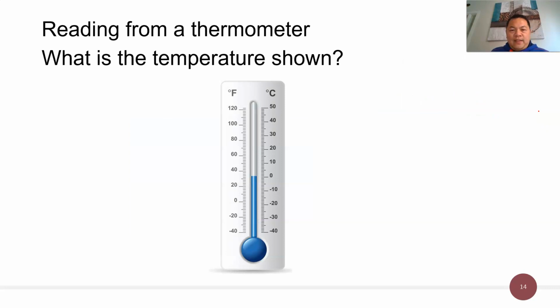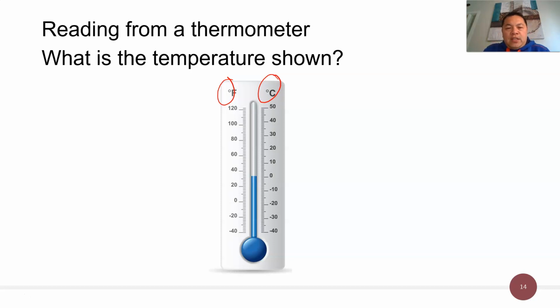Okay, thermometer. Interesting. Can someone tell me what's the difference between Fahrenheit and degrees Celsius? Well, it's basically just a measurement for temperature. In places like America, they actually use Fahrenheit more than degrees Celsius. In our part of the world, we use degrees Celsius.